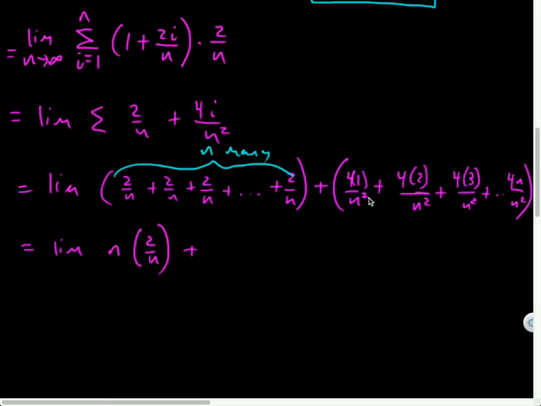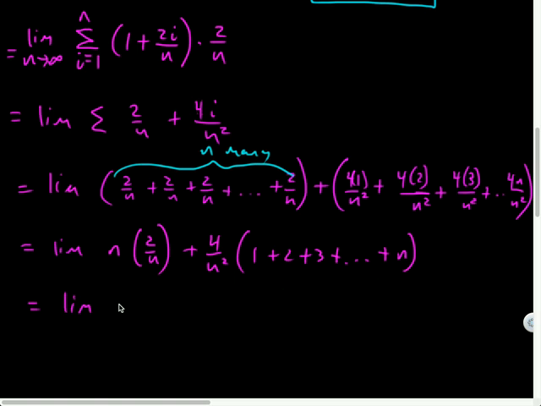Plus, this one, what could I do? Factor out 4 over n squared. So yeah, I definitely think there's more than one way to do this. And then I'll have 1 plus 2 plus 3 plus ... plus n, right? Close parentheses there. Kind of wish I knew about that earlier. And now this is a pattern, right?